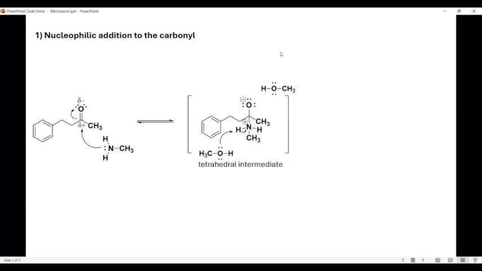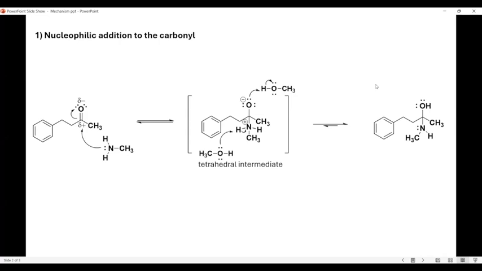And in the other case, it acts as an acid whereby the lone pair of the oxygen picks up a proton to quench this negative charge, and then the electron density is delocalized over the methoxy anion. So what we get is another equilibrium process which favors the product side here to form an amino alcohol.